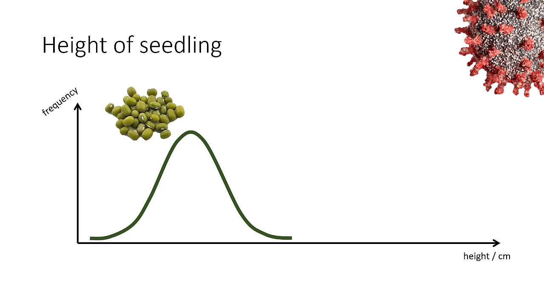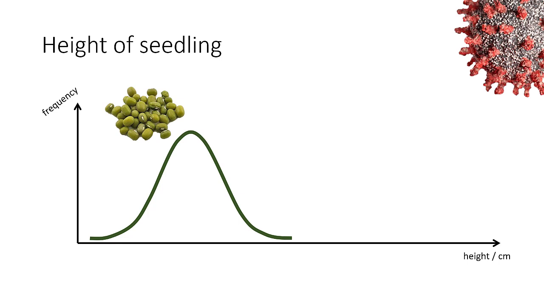Most likely I will get a normal distribution, whereby I have some shorter beans and some that are very tall, but generally the frequency, or the number of those beans, is very little. Most of the beans will be around the height of the mean. Those taller ones or shorter ones, the frequency will decrease as they get taller or as they get shorter.